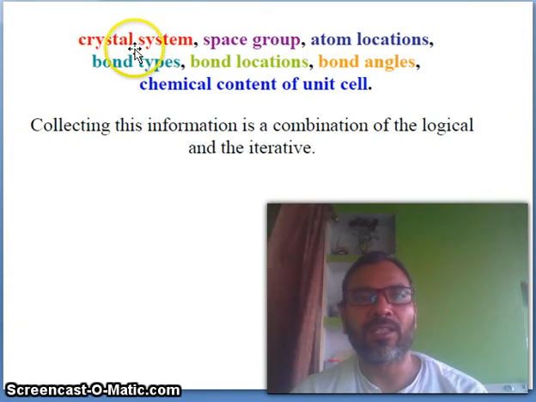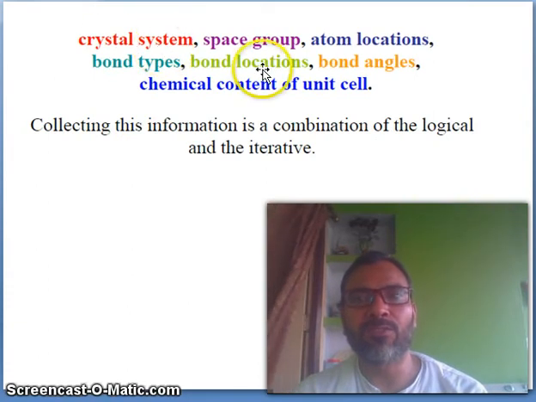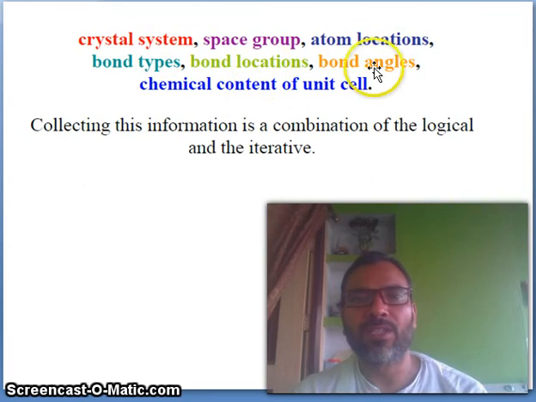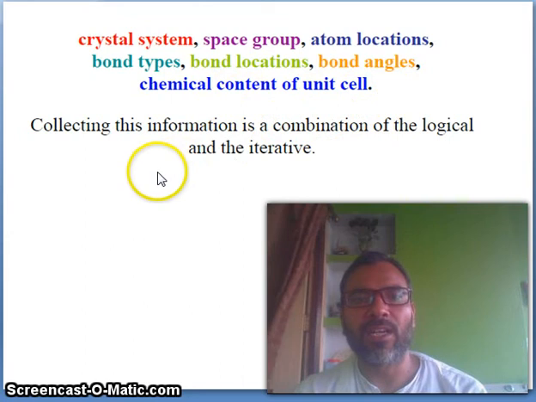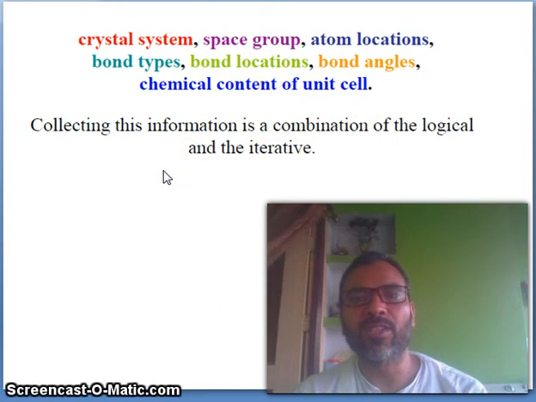So single crystal gives the crystal system, space group, atom locations, bond types, bond locations, bond angles, and chemical content of the unit cell. Collecting this information is a combination of logical and iterative steps.